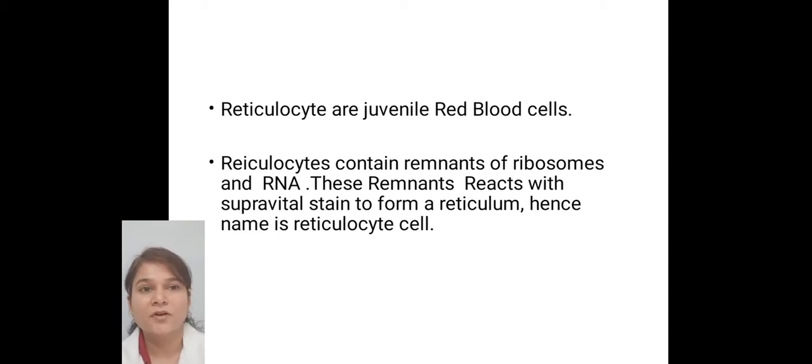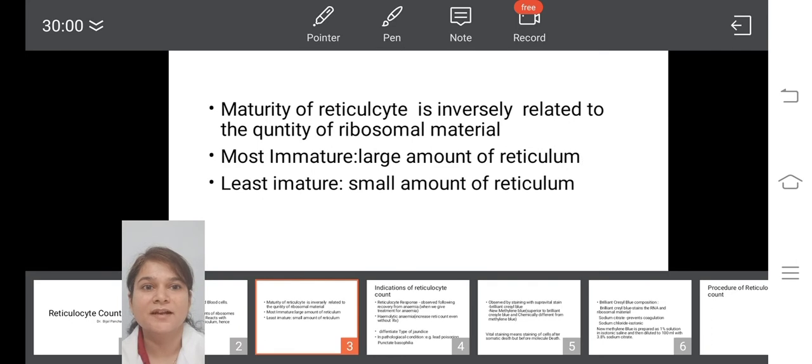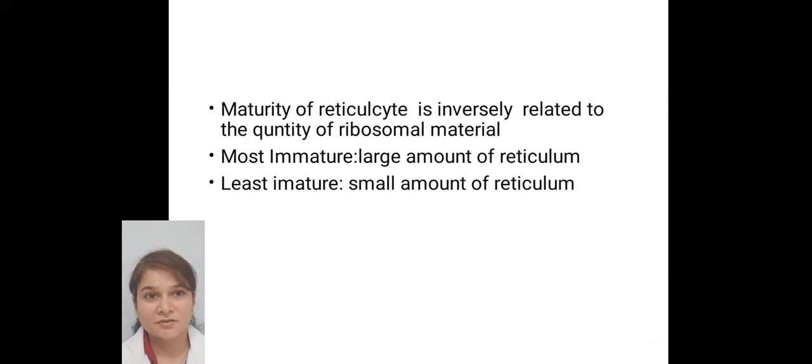Now next we will discuss the maturity of the reticulocyte cells. When we make the smear from the blood sample, all the reticulocytes which we observe under the microscope are not of the same level of maturity.